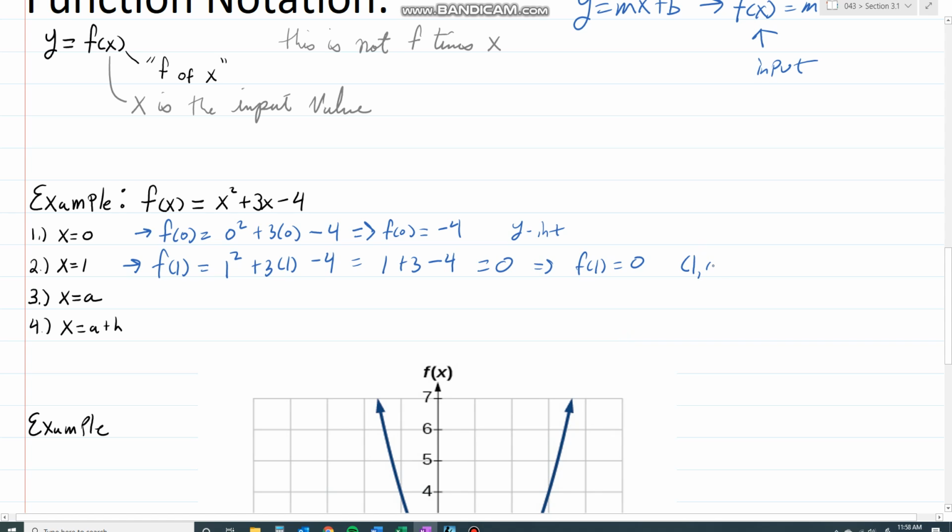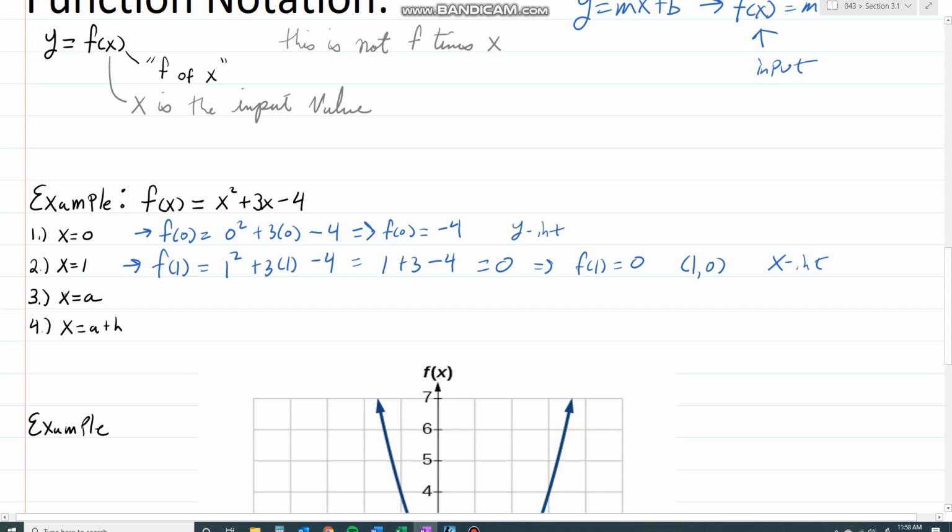That's the point (1, 0). That looks like the x-intercept. I found it by coincidence that I happened to plug in 1 and found the x-intercept. Again, we'll get into the x-intercept and y-intercept later with functions, but they still exist.